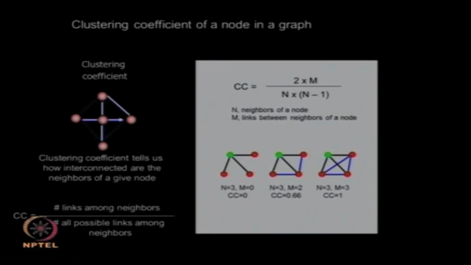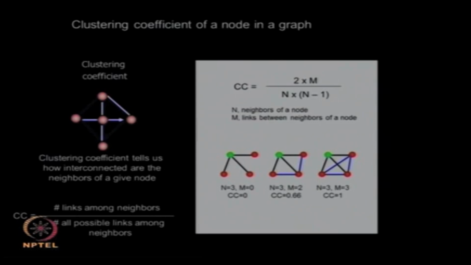So, the clustering coefficient of the fluorescent node right now is 0 upon 3. Let's look at the second toy network. In the second toy network, the fluorescent node has a clustering coefficient of 2 upon 3. In the third case, the clustering coefficient of the fluorescent node is 3 upon 3, which is completely connected. So, the clustering coefficient is equal to 1.